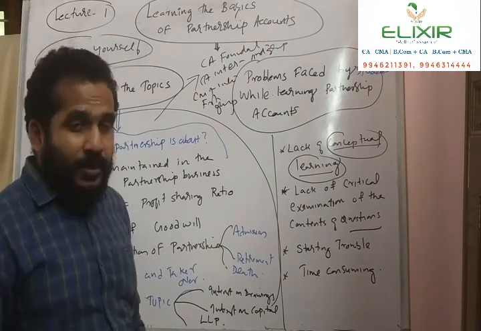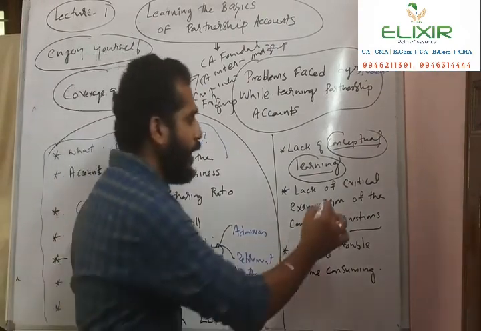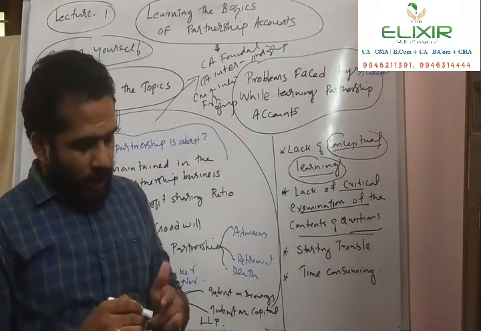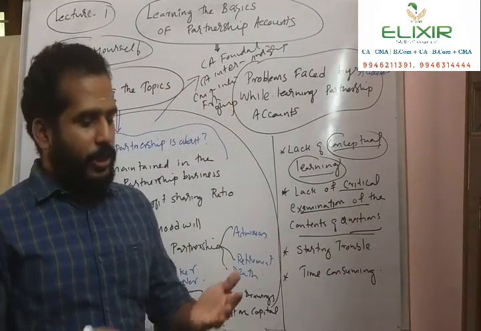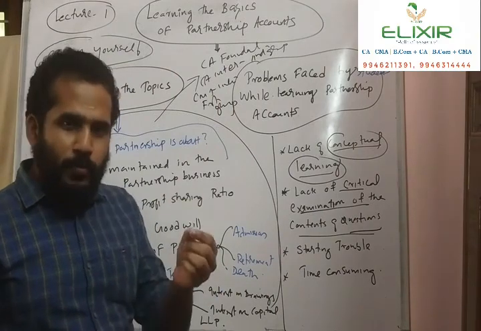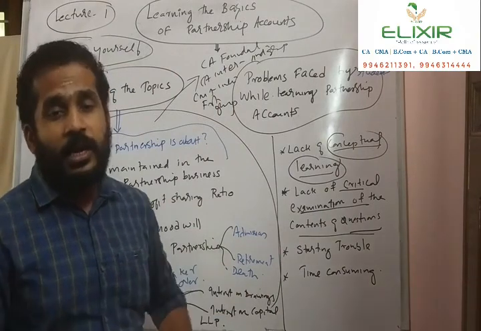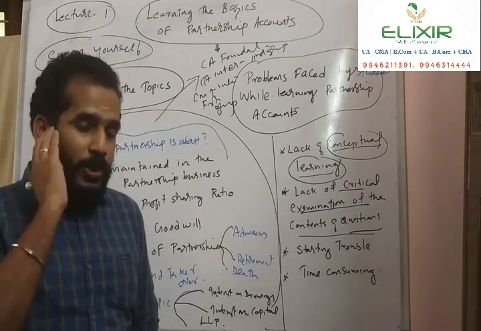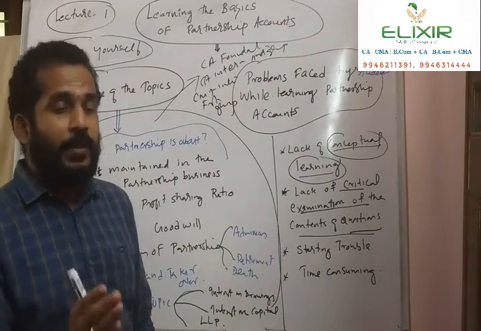Secondly, there is a lack of critical examination of the contents of the questions. During your examination, you may see different types of questions, even two small questions covering a page of your question paper. What the student must do is critically examine the questions.